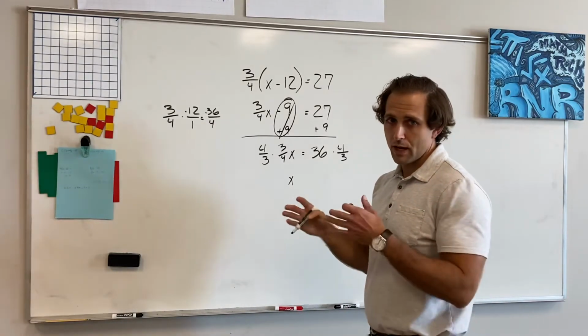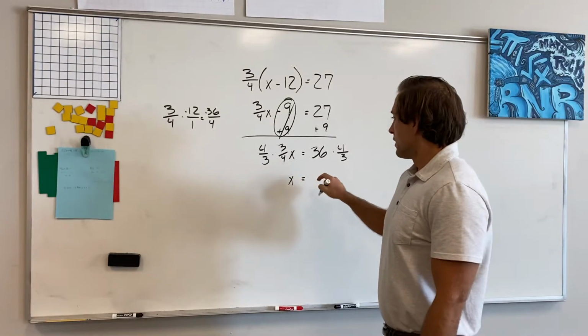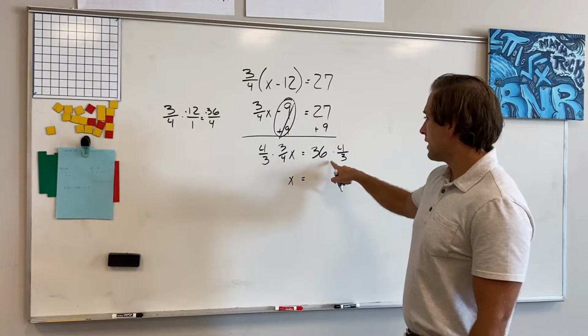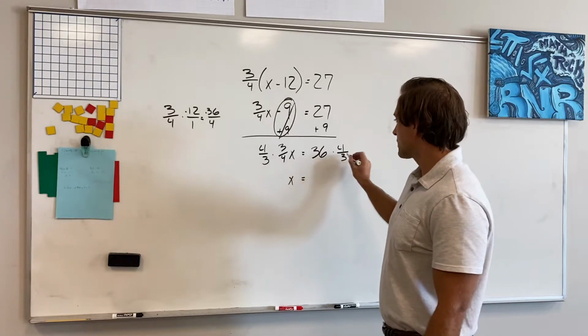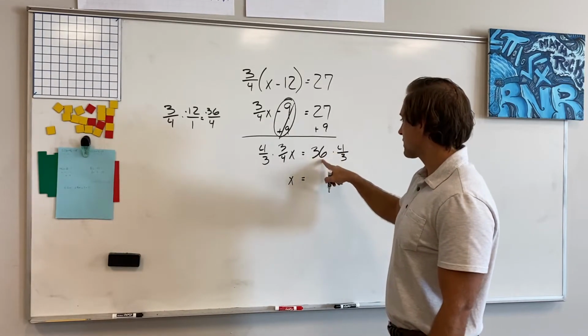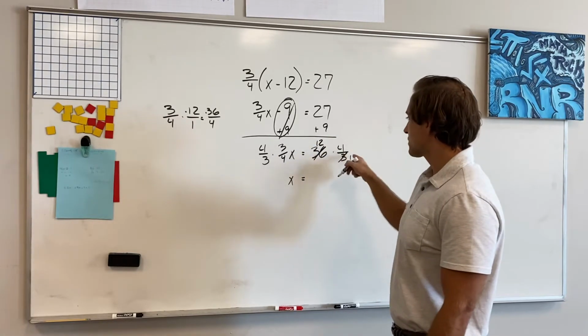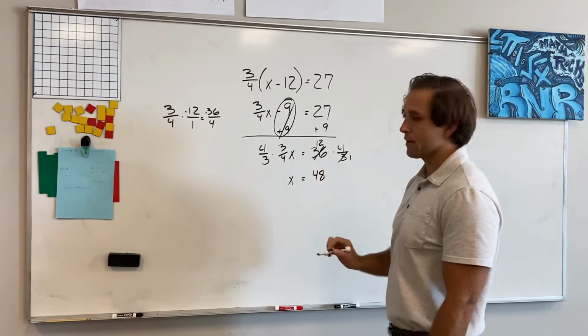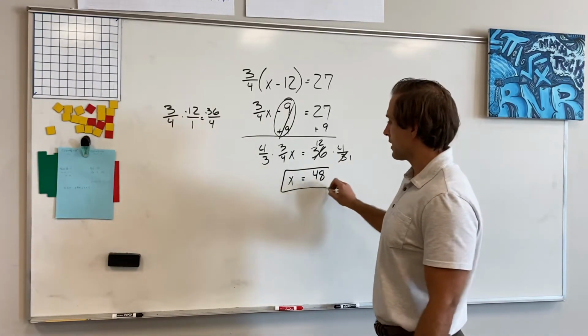So that's the strategy we're using here with multiplicative inverse. On this right side, I need to multiply so I can figure out my solution for x. What I would do is simplify this. 36 over 3 simplifies to 12 over 1, and 12 times 4 is 48. So x is equal to 48.